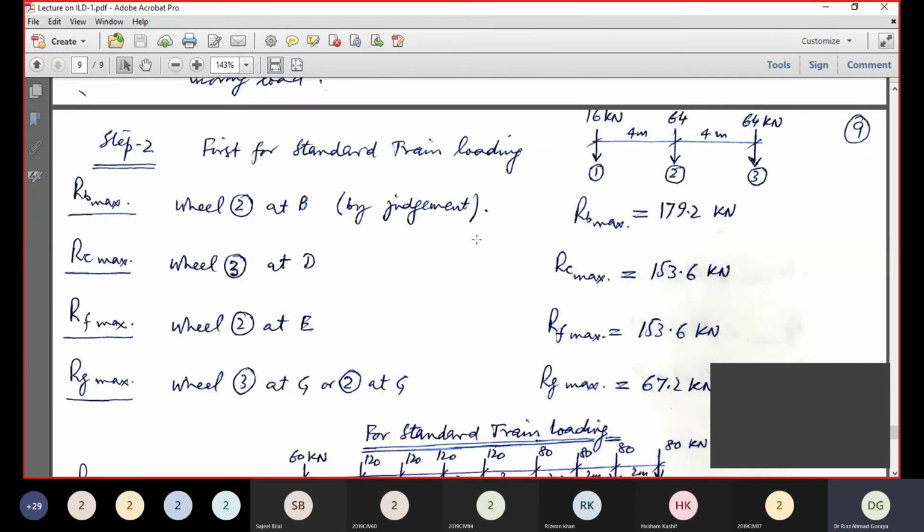Now, step 2, first for standard truck loading.